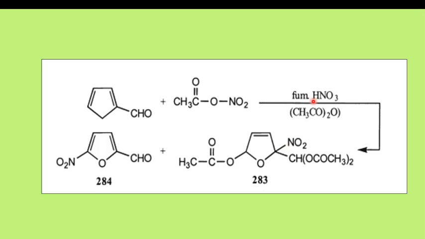In presence of fuming HNO3, the group is attached at second and fifth position, and then further it gives NO2 substitution at the fifth position. Whenever the second position is occupied, then the substitution takes place at the fifth position. So this is an example for this point.